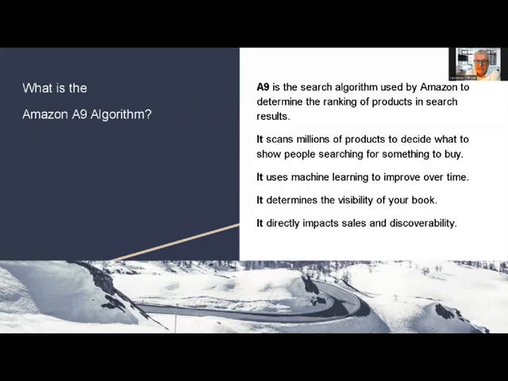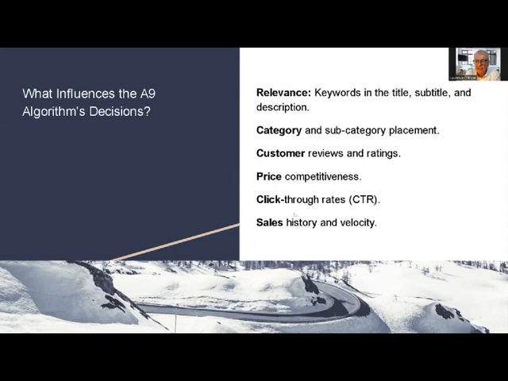It scans millions of products and books to decide what to show people searching for something, and it uses machine learning to improve over time. It will determine the visibility of your book. So it's crucially important for authors to understand the A9 algorithm, as it directly impacts your sales and your discoverability.